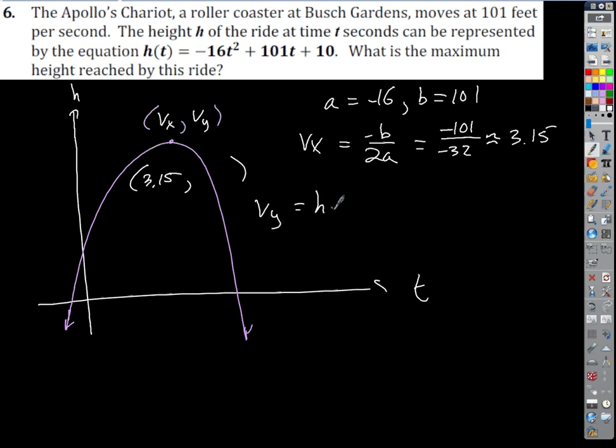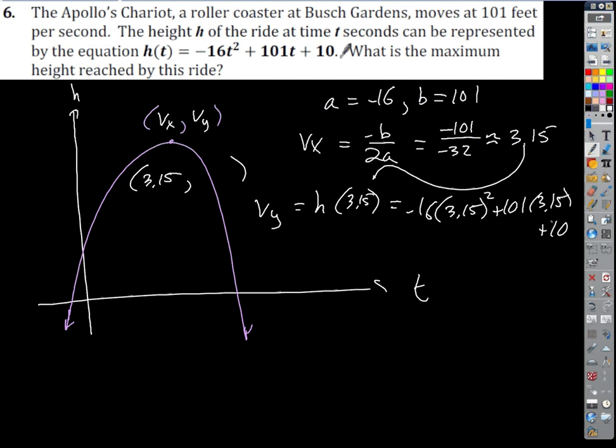That's going to be h of 3.15. So I'll plug it into my function. I'm going to get negative 16 times 3.15 squared plus 101 times 3.15 plus 10 if I plug it back in up there.